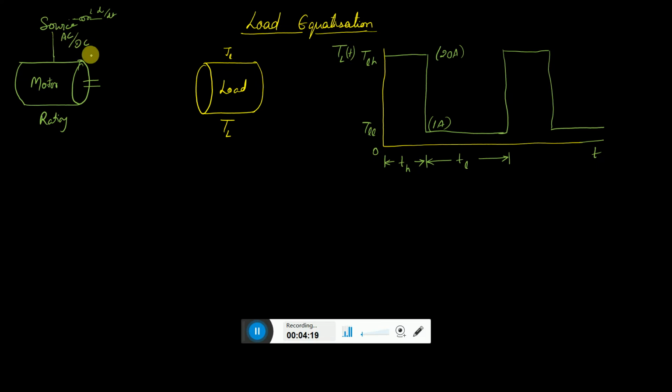To avoid these two things, what we can do is couple the motor through a coupling shaft and connect it to a flywheel.